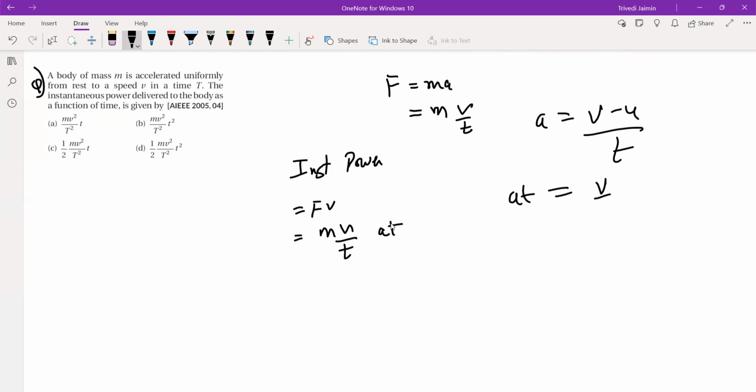We need it in terms of v and t, so we don't want a here. We already have v and t only. So a is v by t.